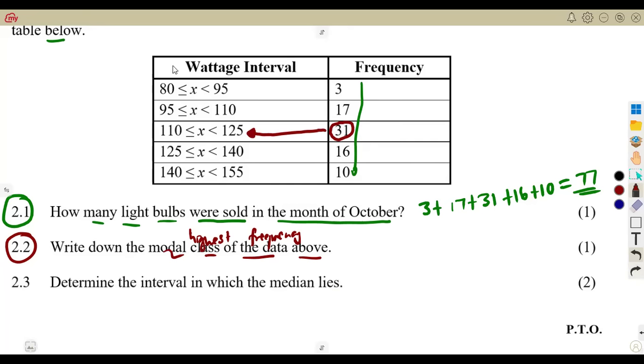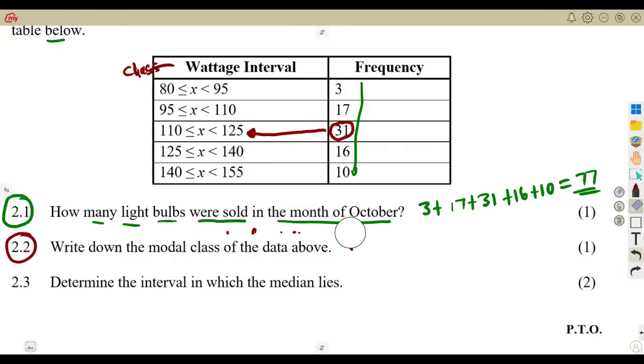These are classes, the intervals. So you're talking about the class with the highest frequency. So that's 110 to 125. So x is greater than or equal to 110, but less than 125. We write it as it is given there. That is the modal class.